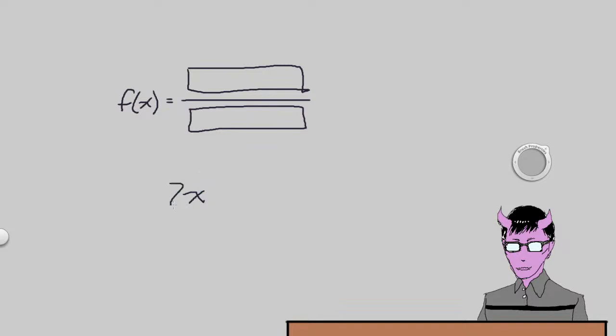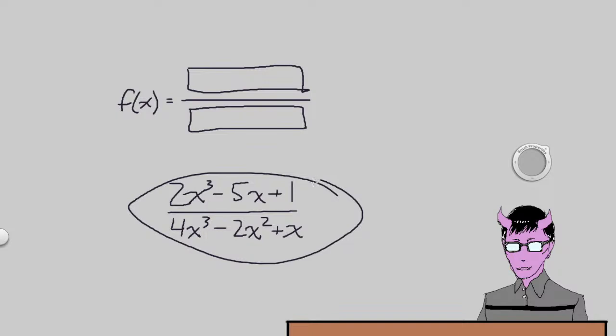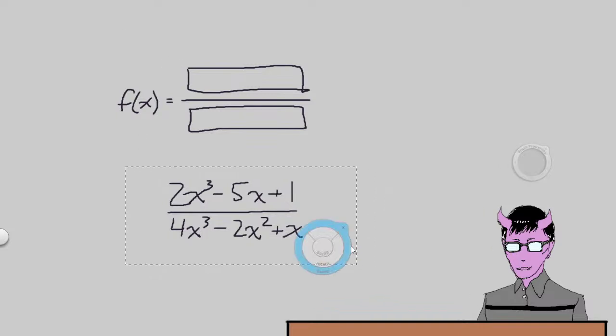So you have something like 2x^3 - 5x + 1 over, for example, 4x^3 - 2x^2 + x. This one would qualify as a rational function, yes. But in my opinion, the name should be polynomial ratios, but we're stuck with rational expressions.